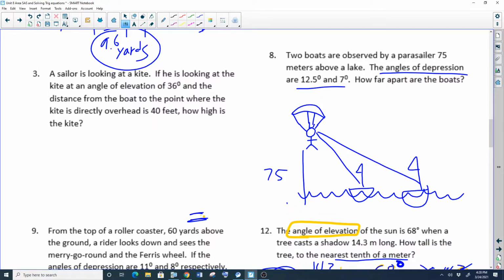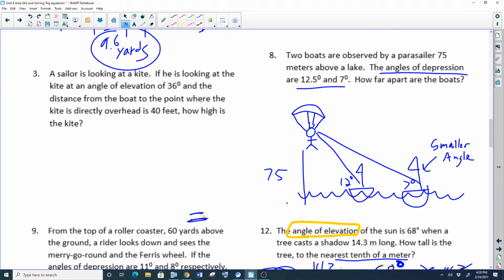So angle of depression, again, uses the horizontal line, which in this case is our water. I'm going to put 12 degrees here because it's a bigger angle. This is a smaller angle, and that's why I'm putting 7 over there. The smaller angle goes with the further away distance.